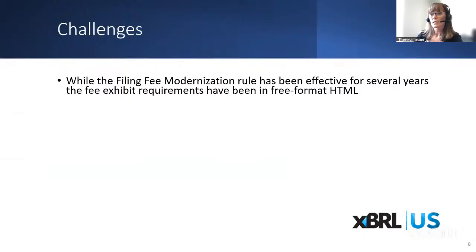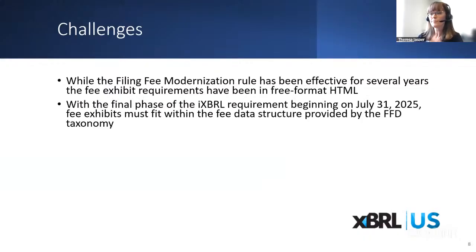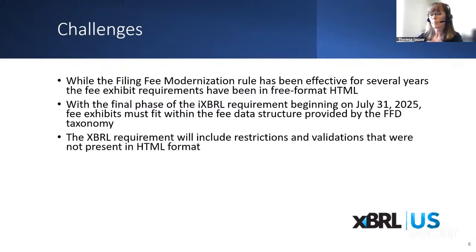Some of the challenges are, while the filing fee modernization rule has been effective for several years, the fee exhibit requirements have been in a free format HTML. With the final phase of iXBRL requirements beginning on July 31st, 2025, fee exhibits must fit within the fee data structure provided by the FFD taxonomy.